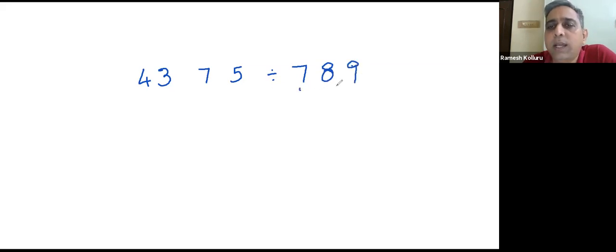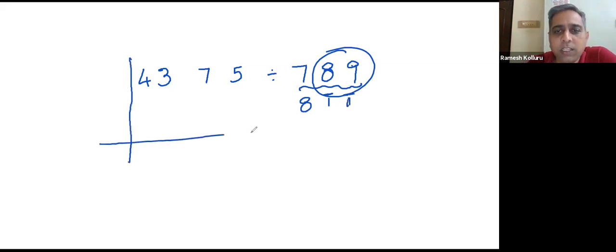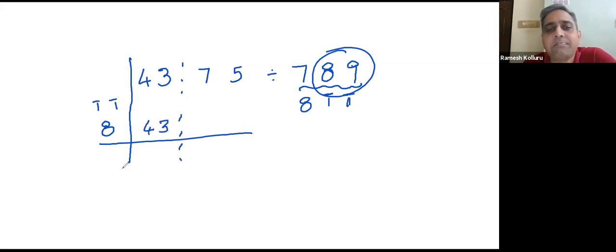So here it is very important to change this to 8 1 bar 1 bar because we don't want any bigger digits here. So to avoid the bigger digits, we change it into Vinculum numbers. So my concept will be 8 1 bar 1 bar. 2 digits here and then 43, right?